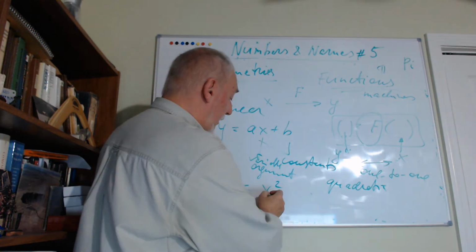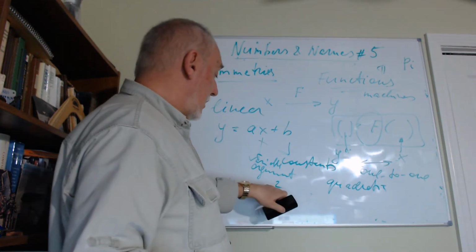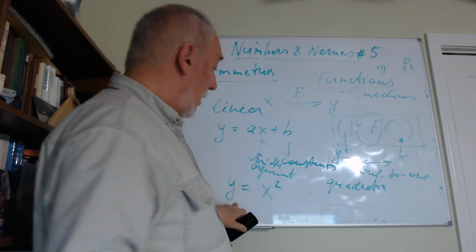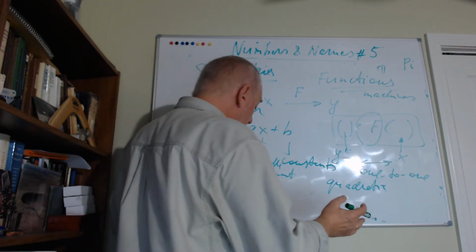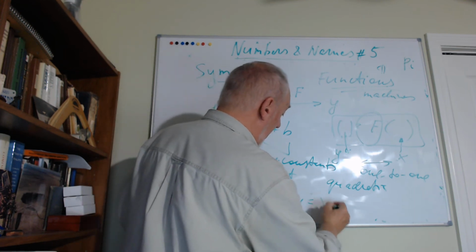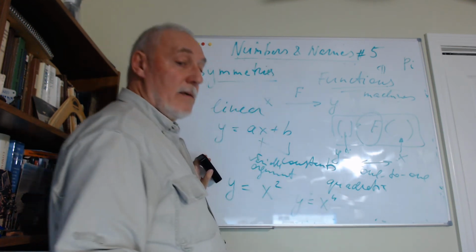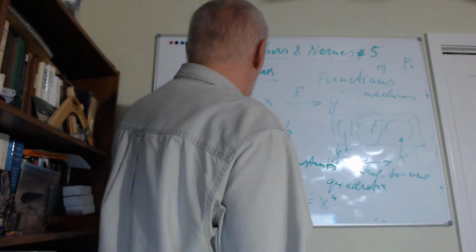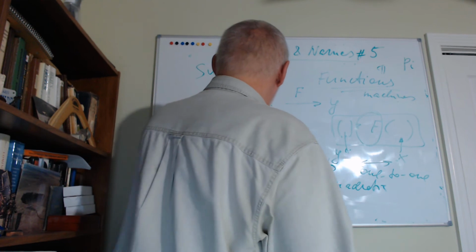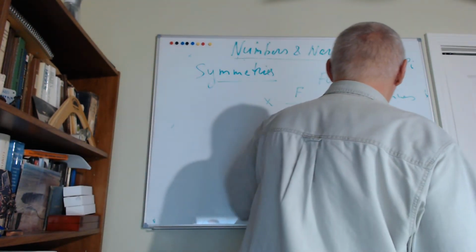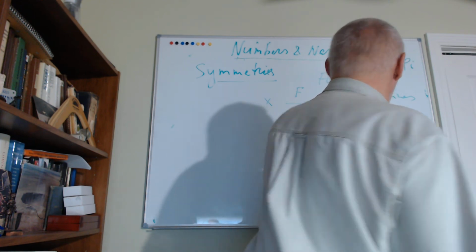Quadratic function. So the variable is put to the power of 2, and then you get the result. And other powers, like x to the power of n. Some other useful functions, we will not talk about them right now.